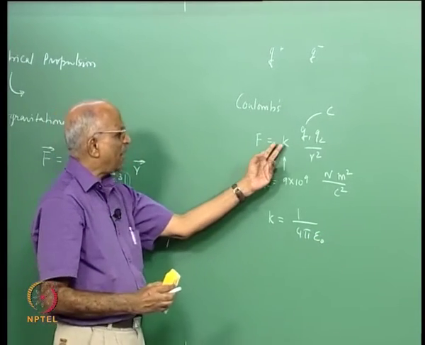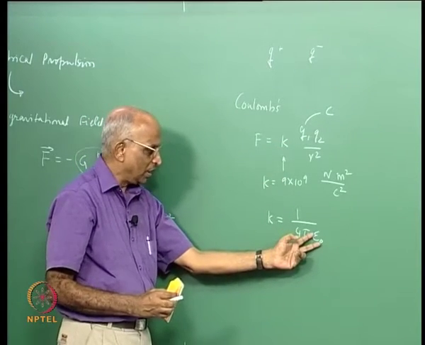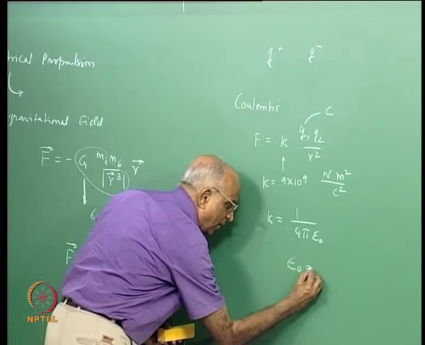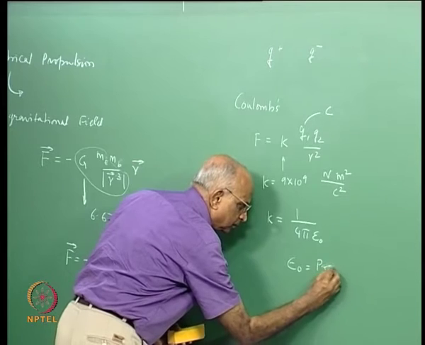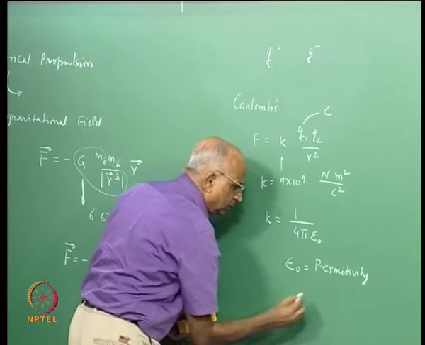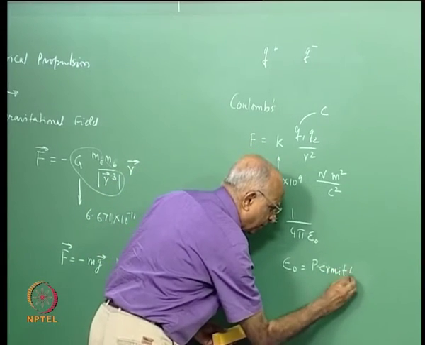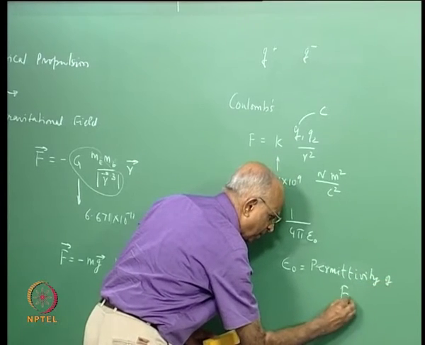Instead of using a constant k, they put it in terms of a constant epsilon naught, where epsilon naught is defined as the permittivity of free space.